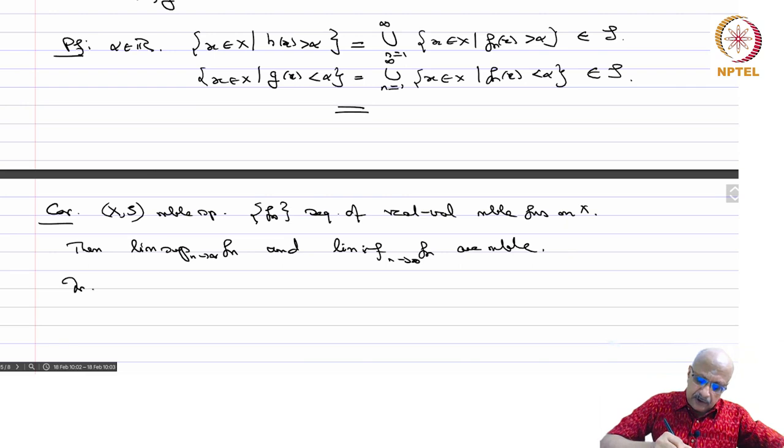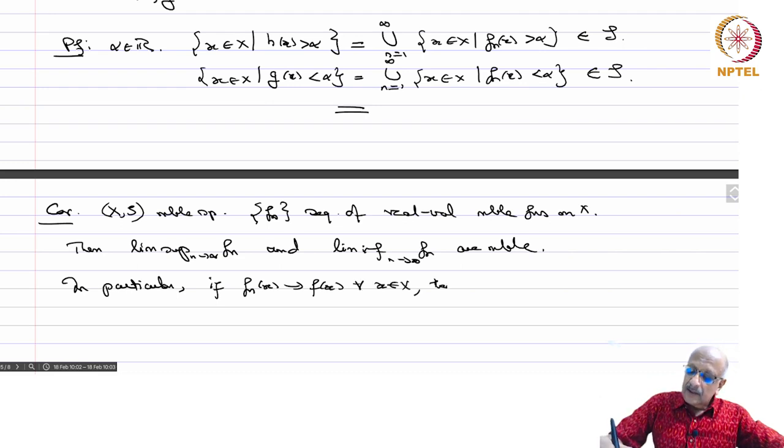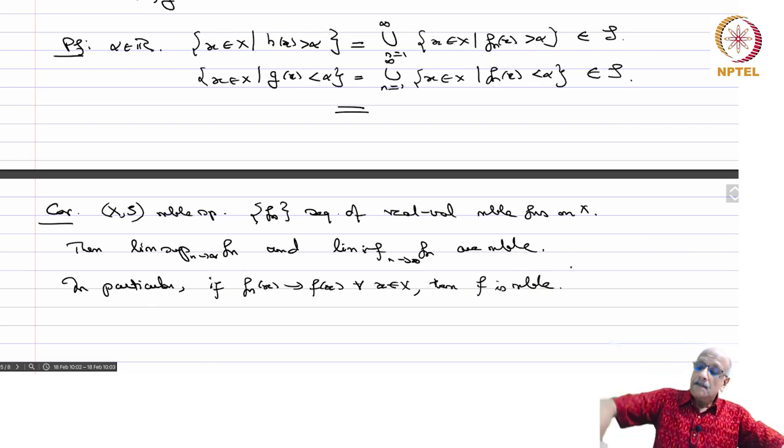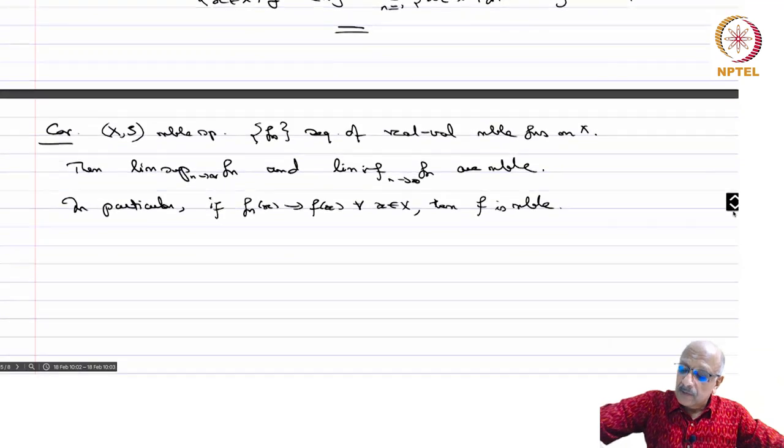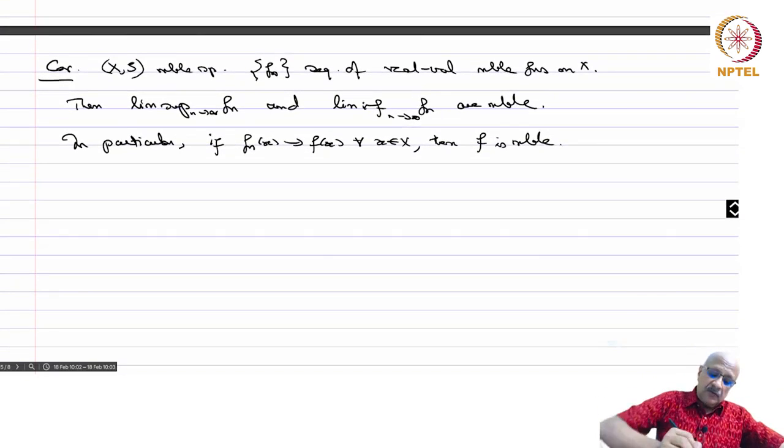In particular, if fn of x converges to f of x for all x in X, then f is measurable. So the limit of measurable functions, converging pointwise everywhere, is measurable.